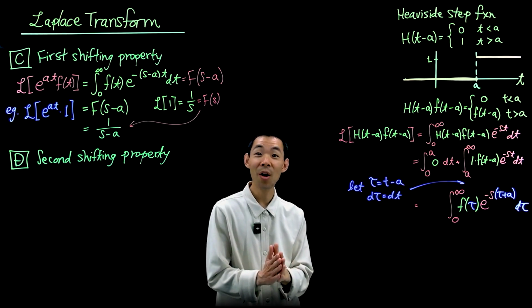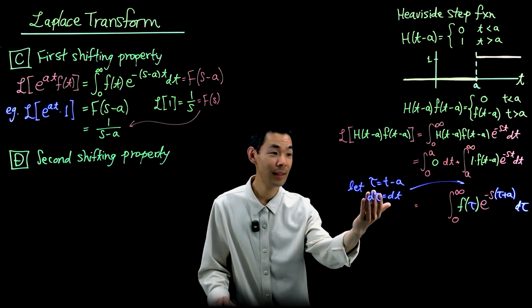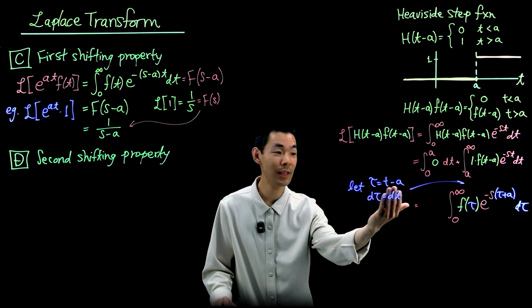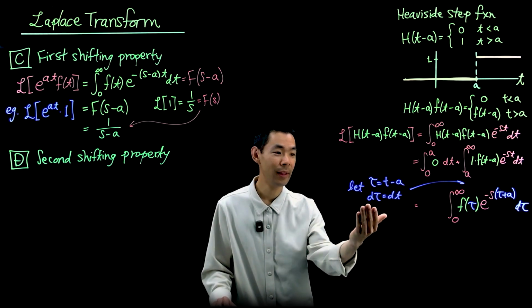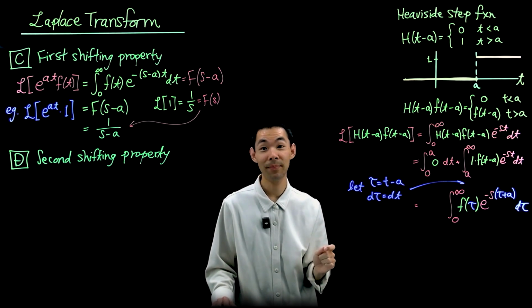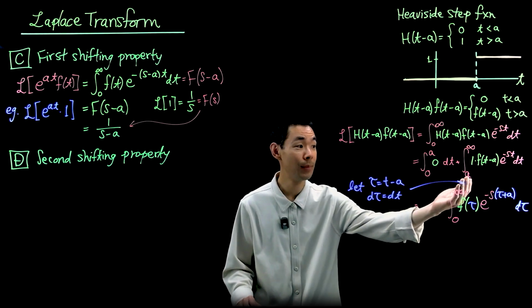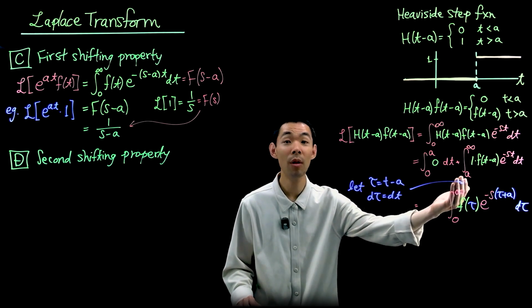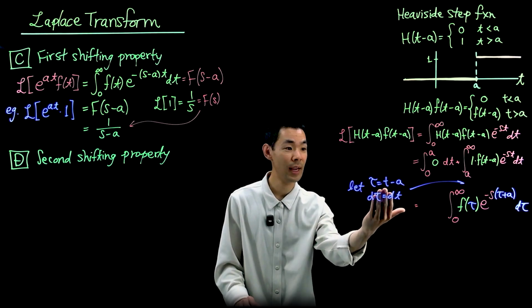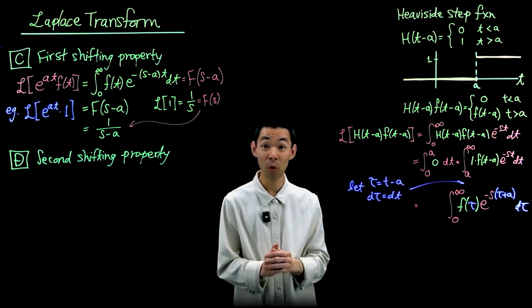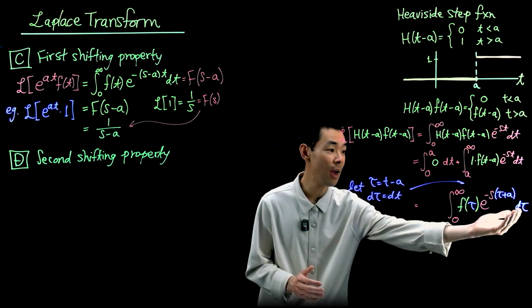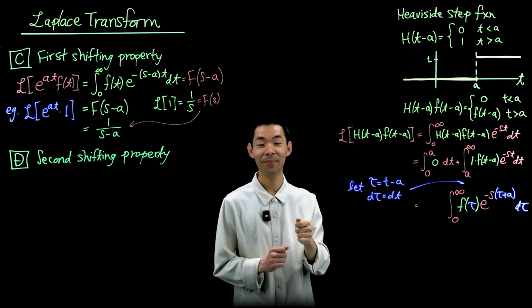I've made a small change of variables where I've let a new variable tau equal t minus a, and then d tau is simply equal to dt. Therefore, first, the bounds of the integral become 0 to infinity, no longer a to infinity, because we have taken the t and shifted it back to the origin. So from the perspective of tau, it is going from 0 to infinity.